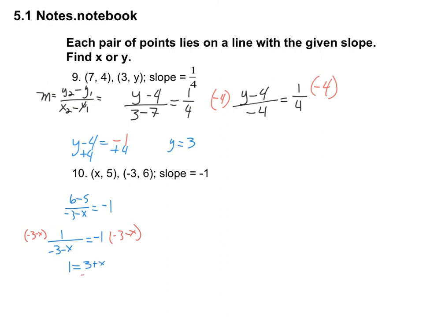All right, and my next step would be to subtract 3 from both sides, and you would find that x is equal to 1 minus 3, which is negative 2. All right, and if you plug that back into your point for your x value, and recalculate your slope, you'd figure out that your slope is indeed negative 1.